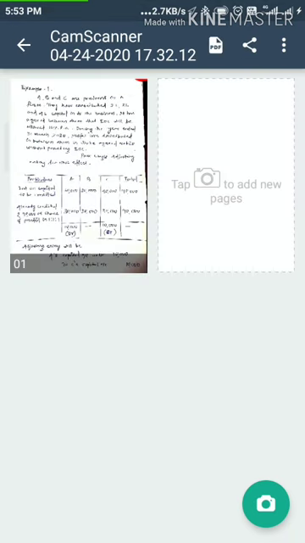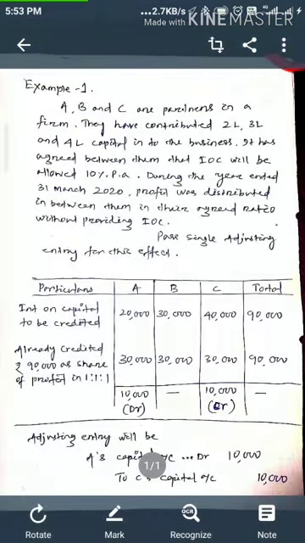See, here is one question I have taken. For example, A, B, C are partners in a firm. They have contributed 2 lakh, 3 lakh and 4 lakh capital into the business. It is agreed between them, and mentioned in the partnership deed, that interest on capital will be allowed at 10% per annum.